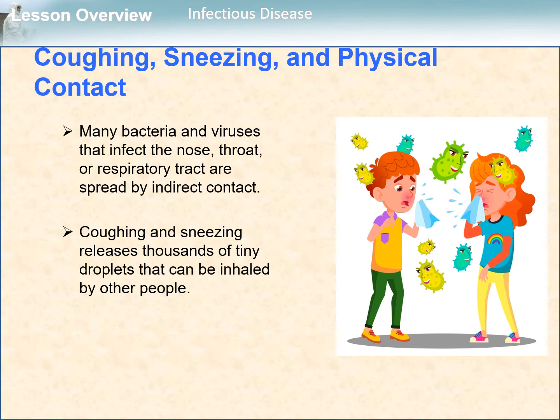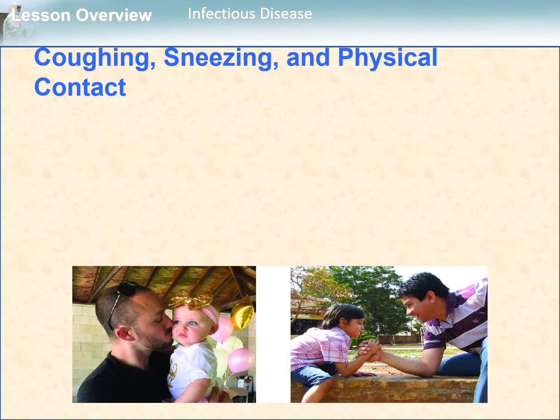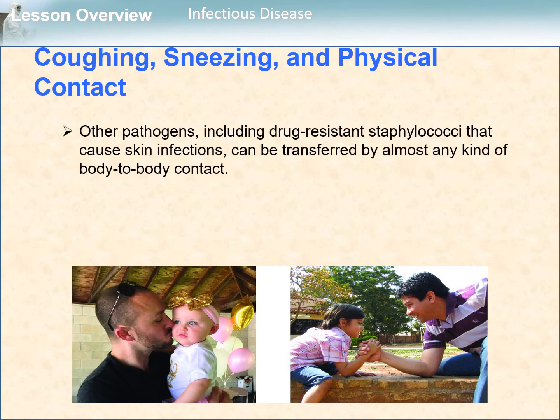The ability of a flu virus, for example, or a tuberculosis bacterium to cause a host to sneeze or cough is an adaptation that increases transmission of the pathogen from one host to another. Other pathogens, including drug-resistant staphylococci that cause skin infections, can be transferred by almost any kind of body-to-body contact, as you can see in the pictures here.